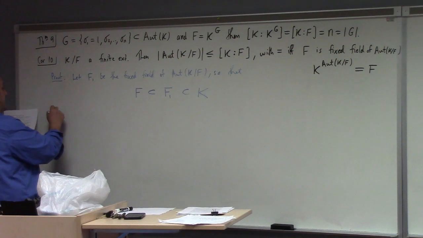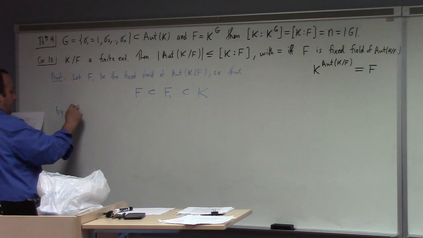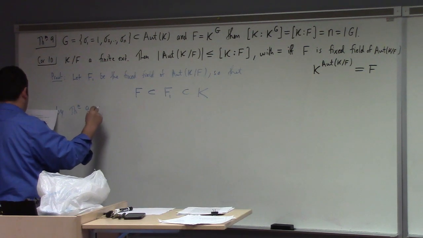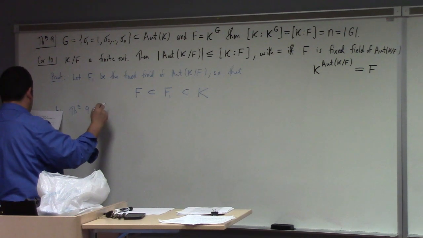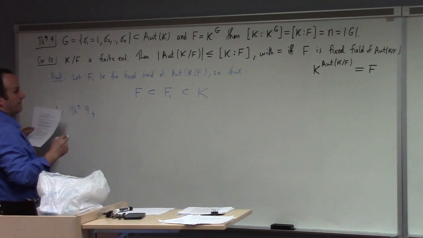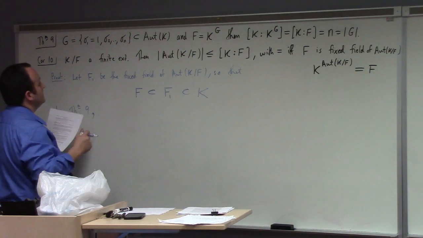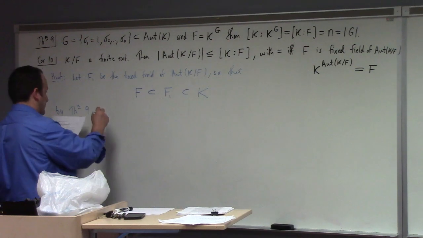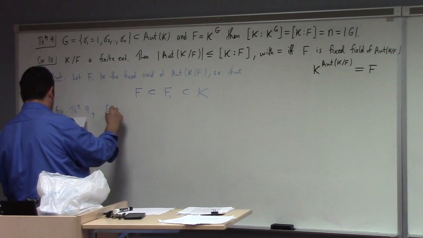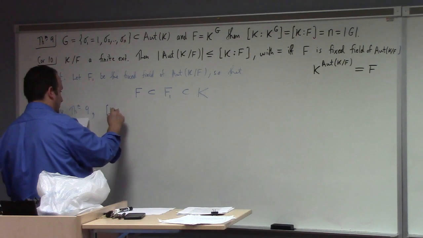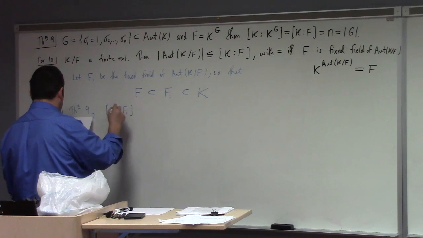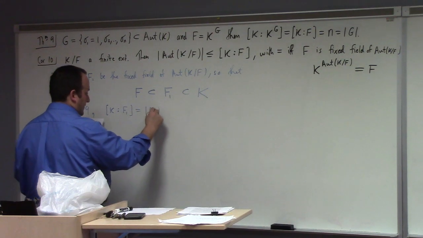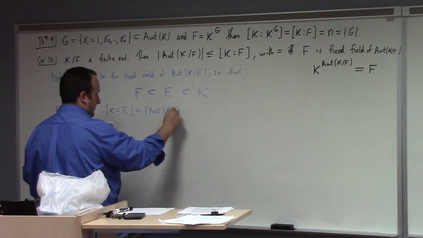So then by Theorem 9, what do we get? He says by Theorem 9, the degree of K over the fixed field, right, is equal to the order of the automorphism group of K fixing F.